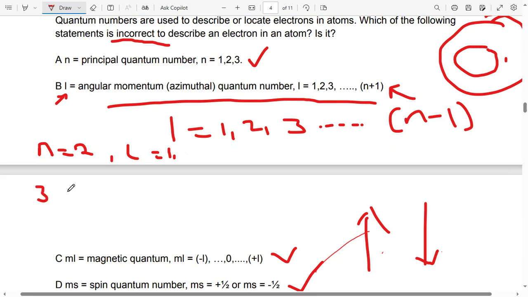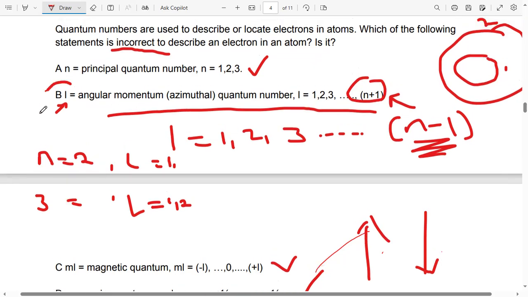If the shell was 3, then l equals 1, 2. That's all. So by definition, you have to have n minus 1 and not n plus 1. So n plus 1 makes this statement incorrect, and it will be our answer because we are looking for the incorrect statement. If we have any questions there.